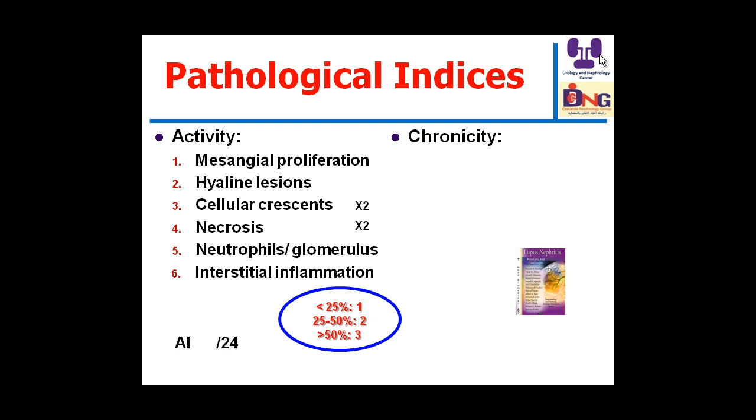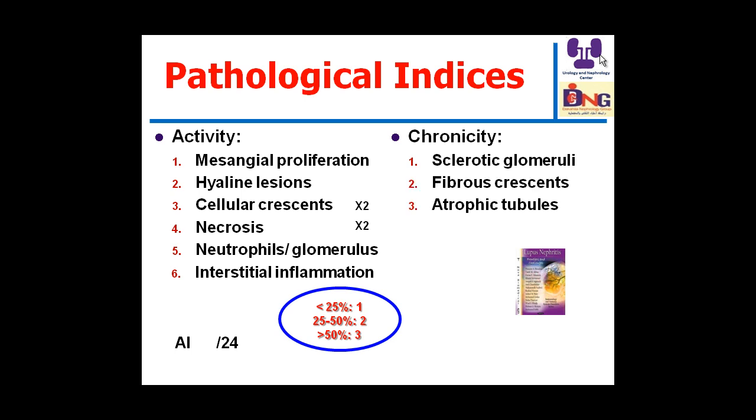So the total activity index is from 24. Chronicity lesions are 4: sclerotic glomeruli, fibrous crescents, atrophic tubules, interstitial fibrosis. Each lesion, if we give the maximum score for each lesion, then the full score of chronicity is from 12.